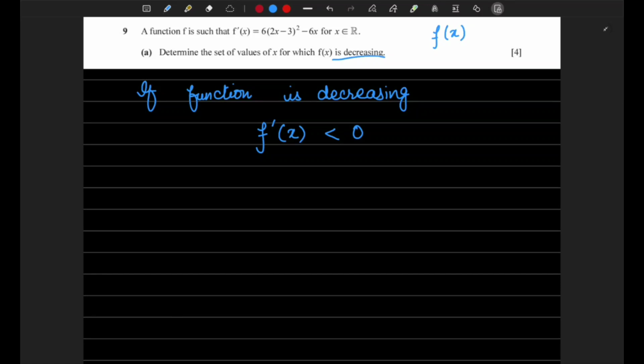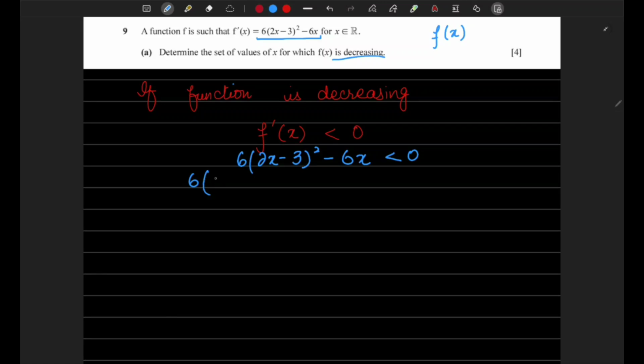So once we are clear with that, the next working is easy. We just put the derivative already given in the question to be less than 0. So it becomes 6 times (2x minus 3) squared minus 6x less than 0. We get 4x squared plus 9 minus 12x, minus 6x, less than 0.